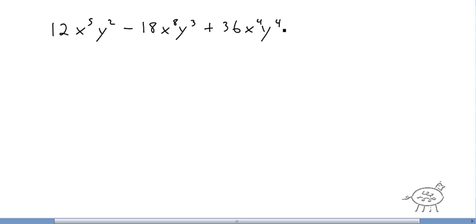Now some of you guys are going, whoa, wait a second here. We've got 2 variables, and how do I know it's in descending order or not in descending order?